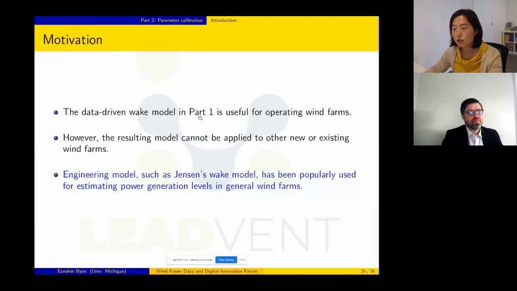Suppose we want to design a new wind farm; we cannot really use the output from part 1. However, engineering models, like Jensen's wake model or other wake models, have been popularly used for estimating power generation levels in general wind farms, and for layout optimization or control optimization. So in part 2, I'm going to discuss how we can use the operating data to improve the accuracy of this kind of engineering wake model.